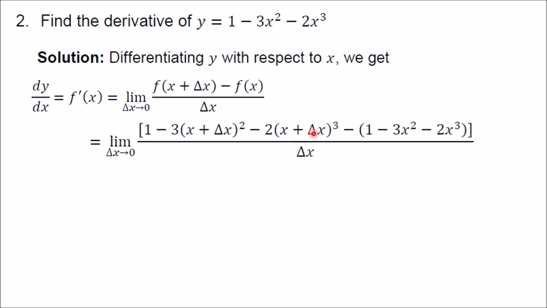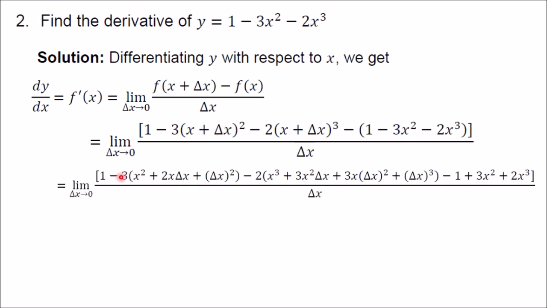So, kailangan nyo i-remember yung formula ng cube of a binomial and square of a binomial in our algebra. Minus 3 times, ito na yung expansion ng x plus delta x squared. That is x squared plus 2 times x times delta x, kaya 2x delta x. Plus, the square of delta x is delta x squared from our formula.